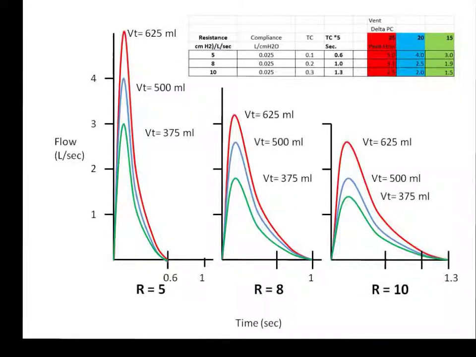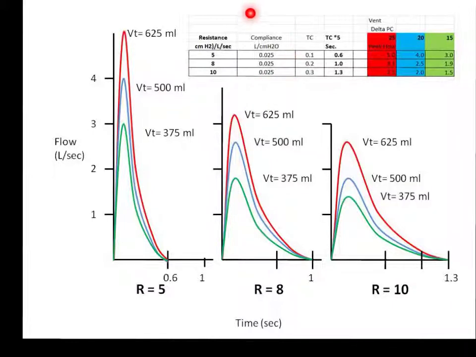So I know this is a very complex slide, and we're going to see how here we've changed our ventilator settings. So I have three ventilator settings, one with a delta pressure change of 15 in the green, one of a delta pressure of 20 in the blue, and a larger pressure gradient of 25 in the red. So this establishes, because this directly relates, that pressure gradient establishes our peak inspiratory flow. All right? And I looked at it over a variety of resistances, and I've established just a set compliance here.